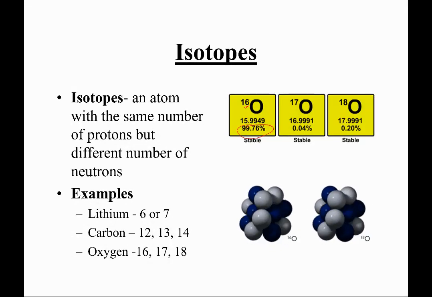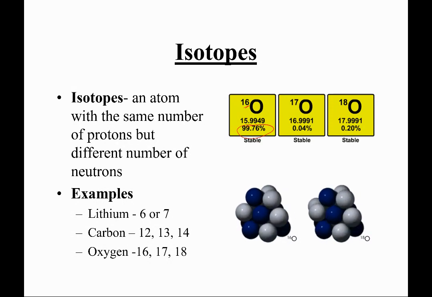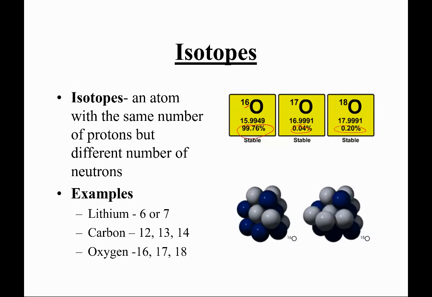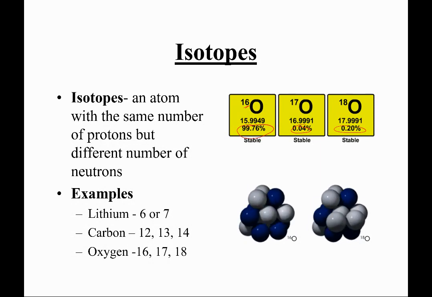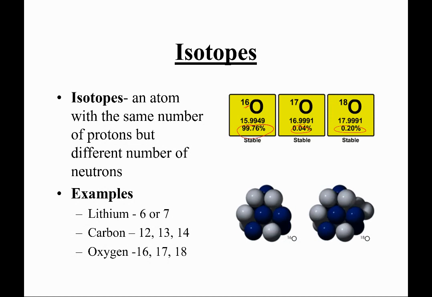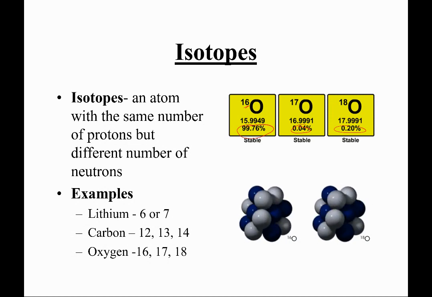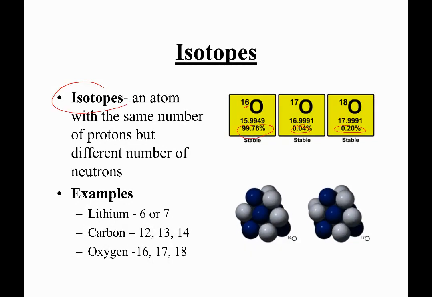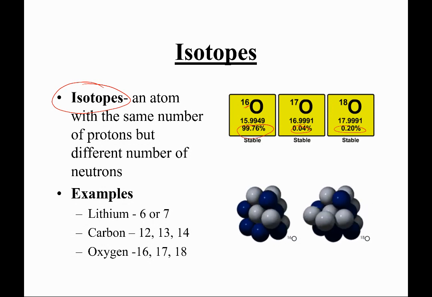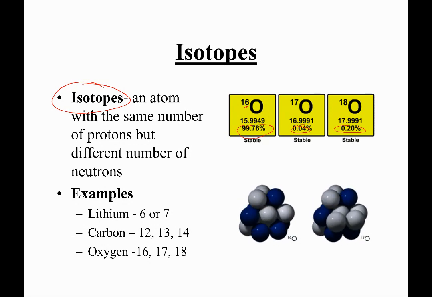A really tiny percentage have one extra or two extra neutrons in the nucleus, which are also considered stable isotopes. All right, so that's what an isotope is. Same number of protons, but a different mass number because it's a different number of neutrons.